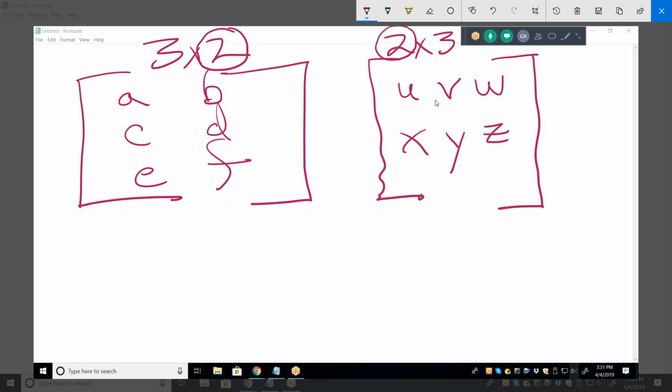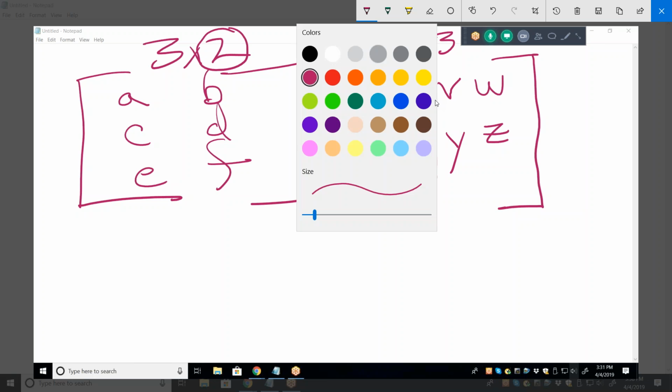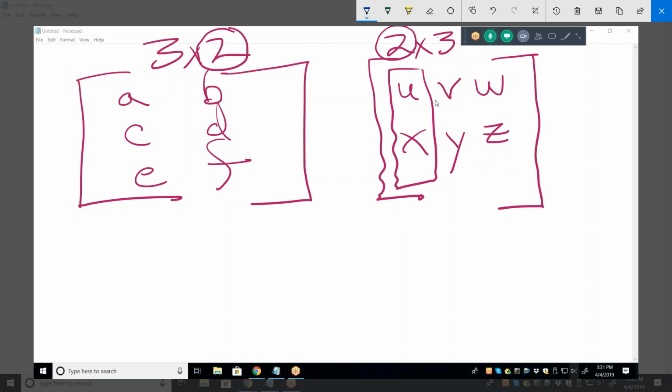Now, if I'm going to multiply them, what you do is you take this first column, you lift it up off the page, you rotate it 90 degrees, and you lay it on top of the first row. And then you multiply. Here's what I'm going to do. I'm going to multiply the U times the A, and I'm going to multiply the B times the X.